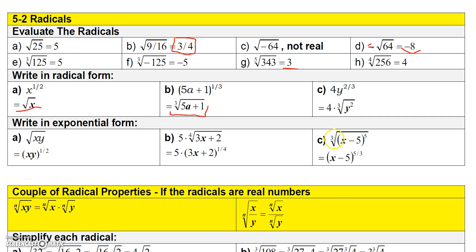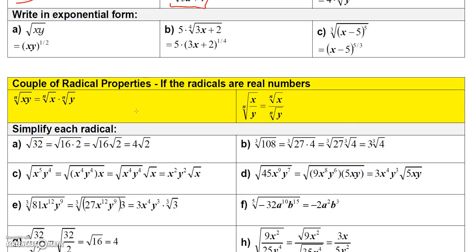And then here we have the cube root of x minus 5 to the 5th. Well, that would be equivalent to x minus 5 to the 5/3 power, because remember 5 is the power, and the numerator here is the power and the denominator is the root.